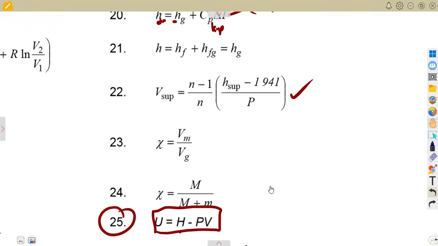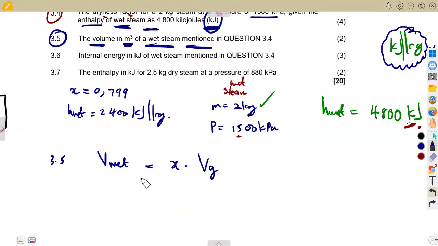If you check the way that we're given here, they wrote it as x is equal to Vm over Vg. The Vm here is for V wet. So it means V wet can be given as x times Vg from this formula. So be careful how you are going to manipulate it. So this is V wet, it's x times Vg, all right?